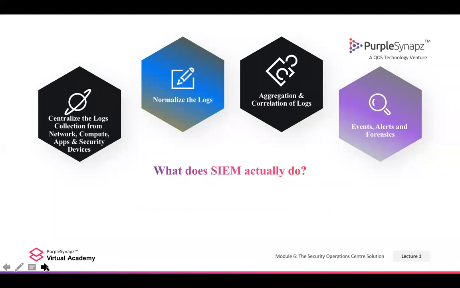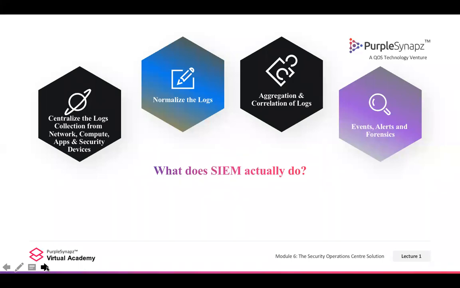It will normalize the logs. It will aggregate and correlate the logs. And then it will generate the alerts for my operators. And it will help in forensics for my operators. So this is the four-part way of explaining exactly what a SIEM can do.